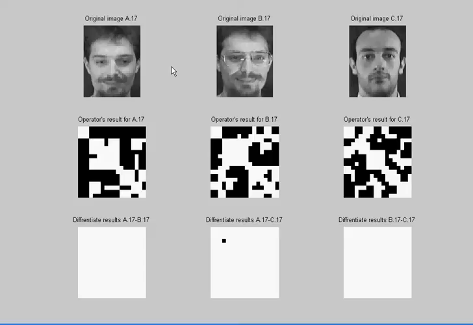The images were deliberately inserted into the database in order to examine our assumptions. Taking into account the 4 images that do not meet our assumptions, the operator's results are 0% false positive and 0% false negative, as you can see here.